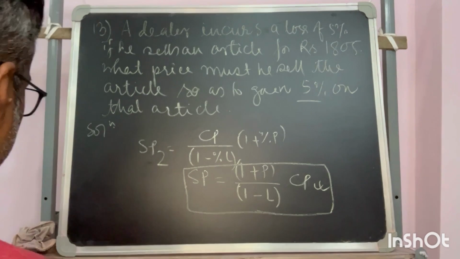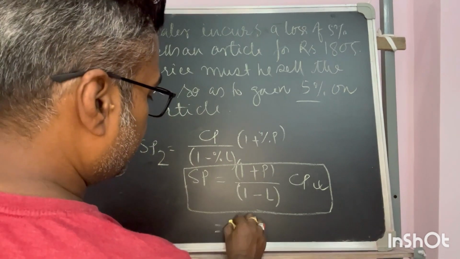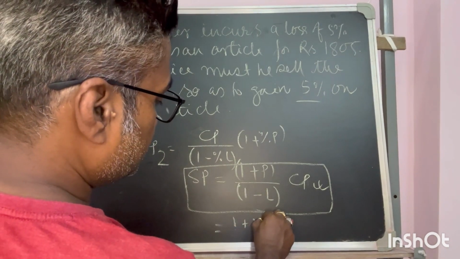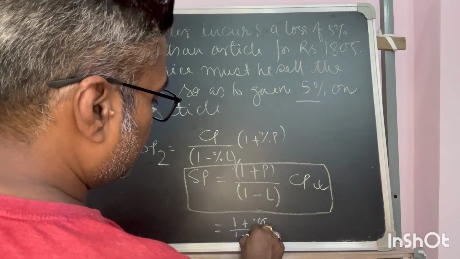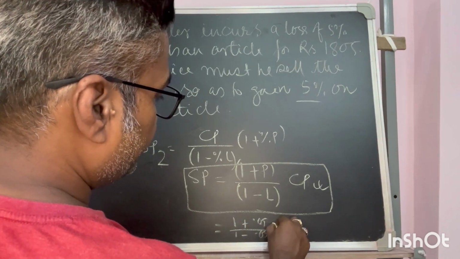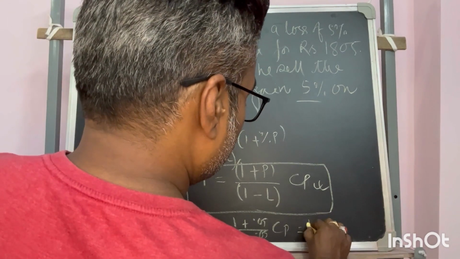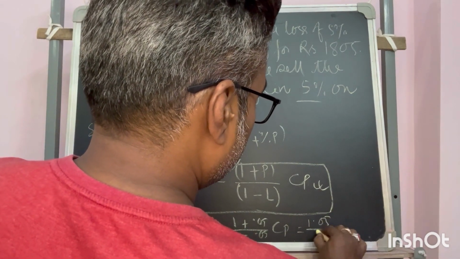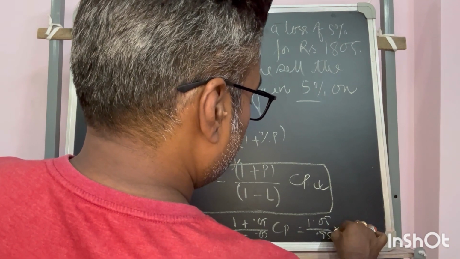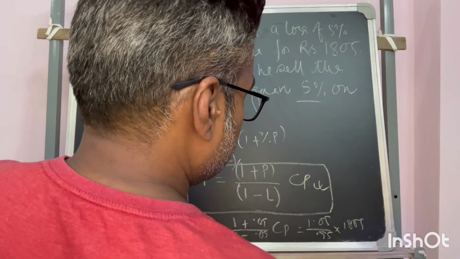So this will be the case. Then you can put the direct formula, 1 plus 0.05 divided by 1 minus 0.05, into CP, will give you the result. That means 1.05 divided by 0.95 into 1805, with the CP.